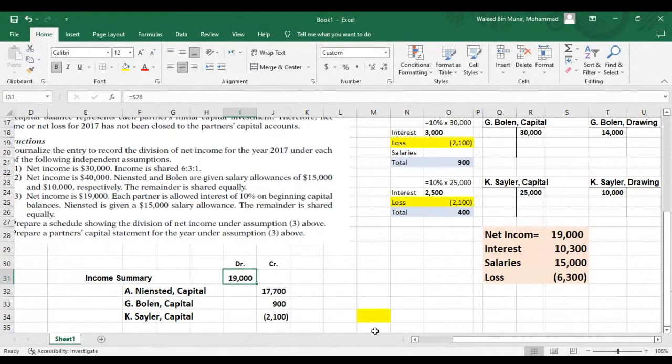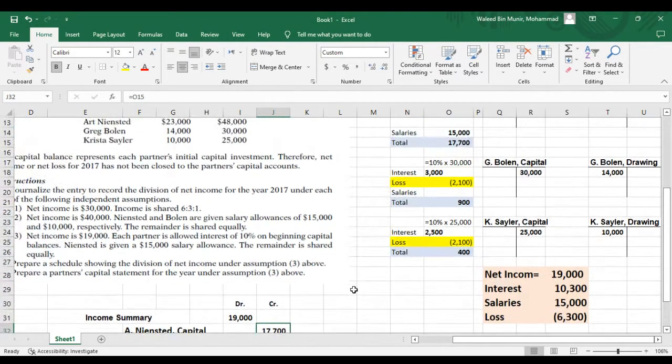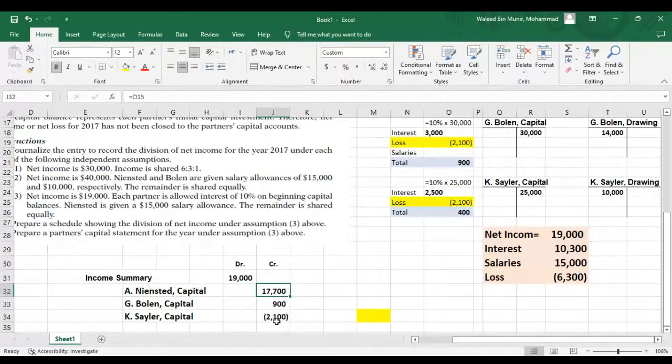Yes. And first one, owner's capital, 17,700, credit. Second one should be 900. Third one is 400. Is it correct now? Yes, doctor, it's correct.